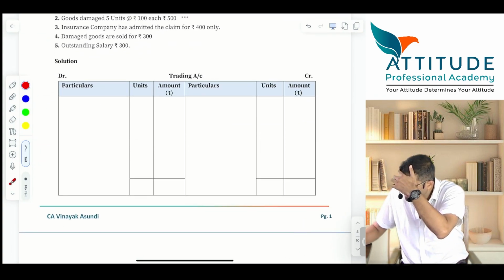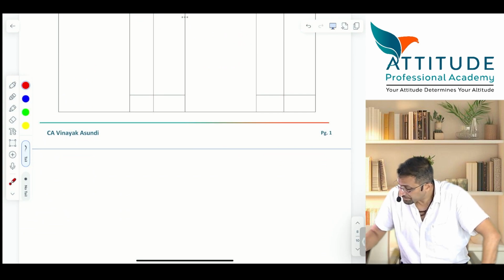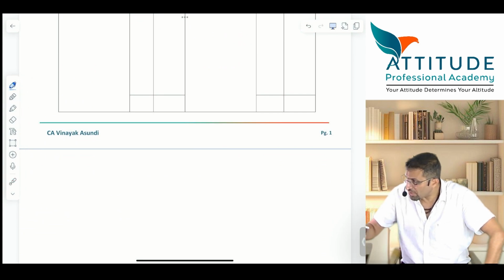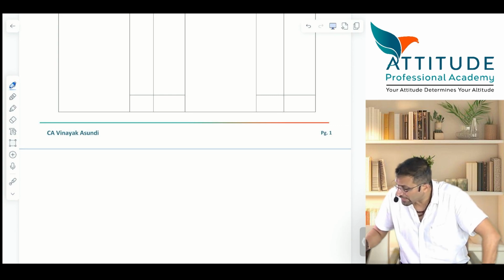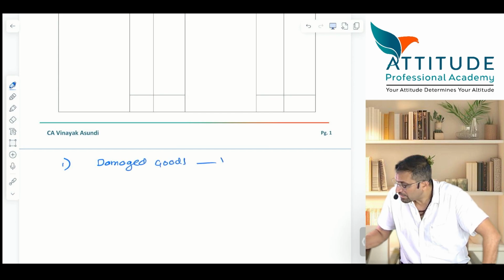Come down guys. Look at the journal entry. I'll not solve the entire sum, but only that thing of damaged goods. देखो entry देखो. Damaged goods account debit 500 to purchases, 500.